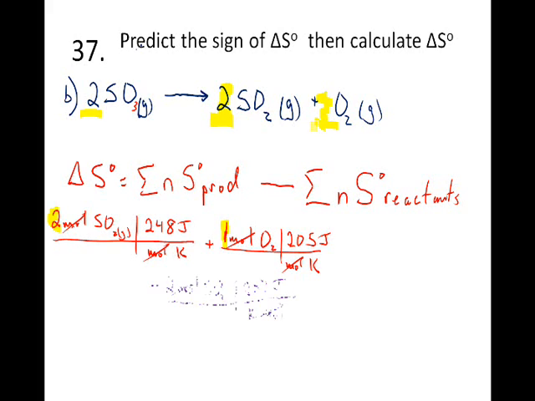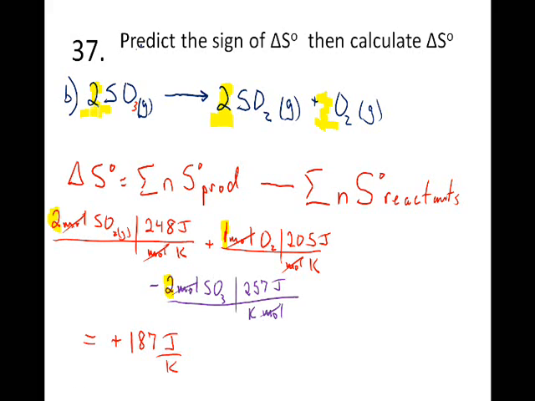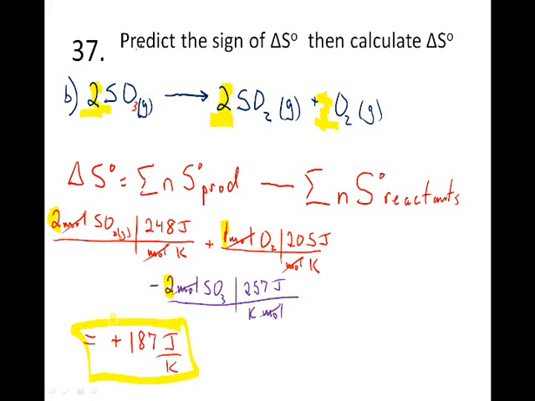And then we're going to subtract 2 moles of SO2 times its entropy, and then we should be done. And we predicted we were going to get a positive entropy. Did you get a positive entropy? You should have gotten plus 187 joules per Kelvin.